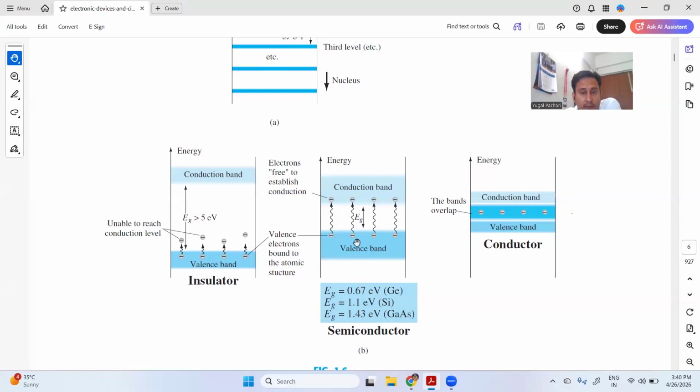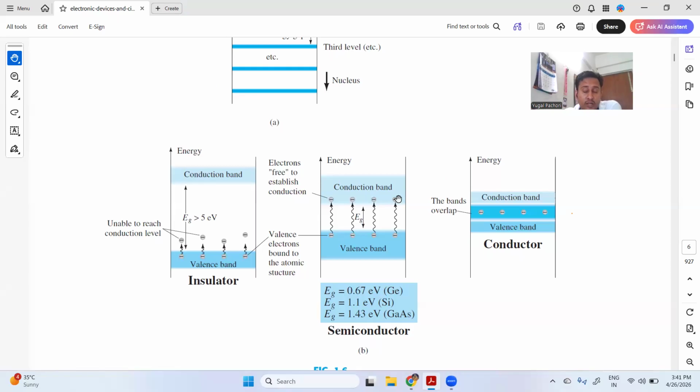So if you give some amount of energy to the electrons in the valence band, they directly jump or overcome the energy gap in the semiconductor and reach the conduction band, and hence conduction happens. So according to the concept of the energy gap, there are three types of material. One is the conductor, in which there is overlapping; another is the semiconductor, where there is an energy gap of up to 1 electron volt; and in the insulator there is an energy gap of 5 electron volts.